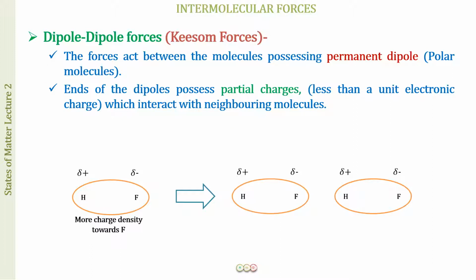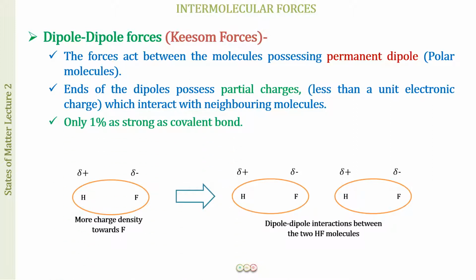The other thing you have to remember is that this force is not a very strong force. This is just 1% as strong as a covalent bond. So the force between the hydrogen and the fluorine atom, when they were forming a chemical bond, a covalent bond formed by the sharing of electrons, is a strong force of attraction, but here this force is a weak force.